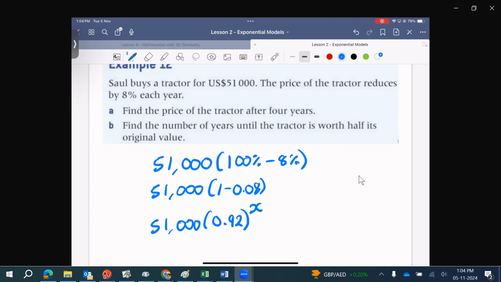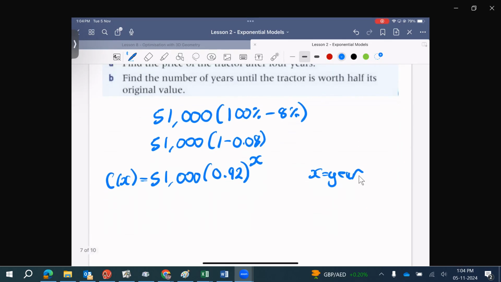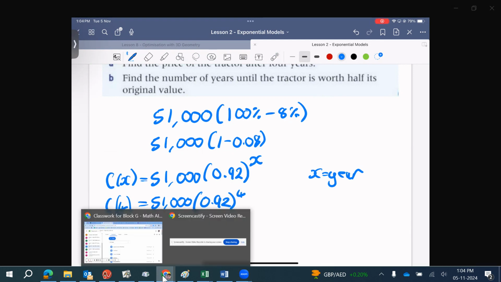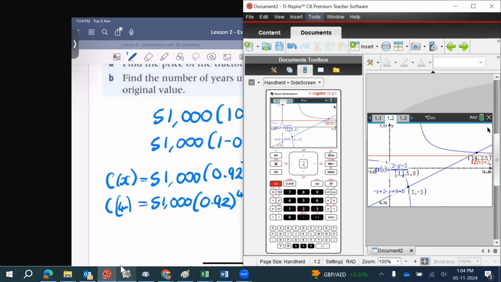The cost after x years would be given by this general model. Then we want to find c of 4, which will be 51,000 times 0.92 to the power of 4.